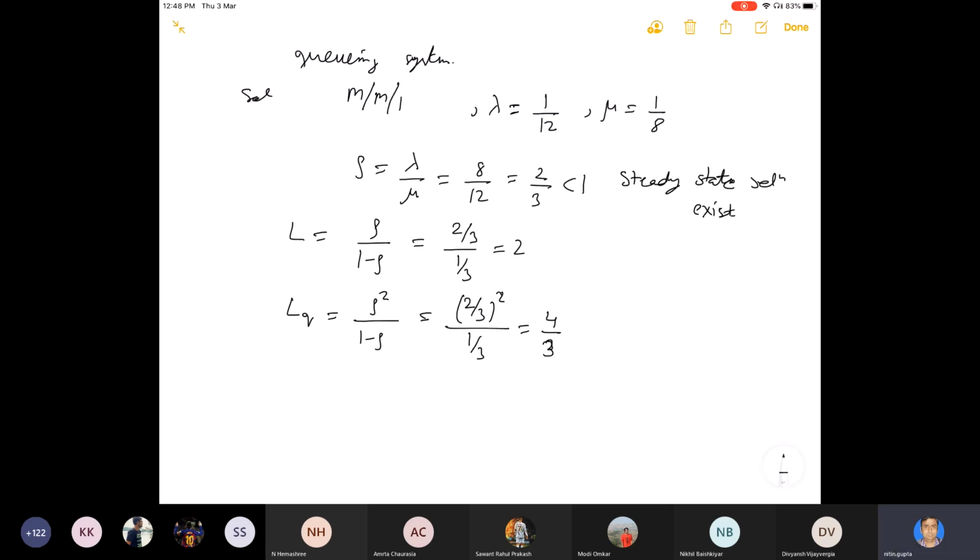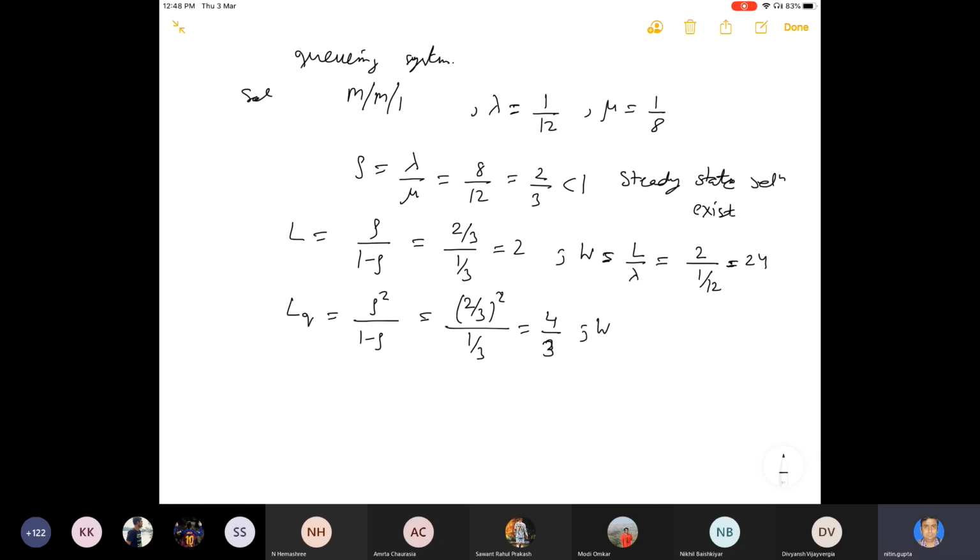And W is L by lambda by Little's law. 2 upon 1 by 12, 24. That means the average time spent by a customer in the queuing system is 24 minutes.